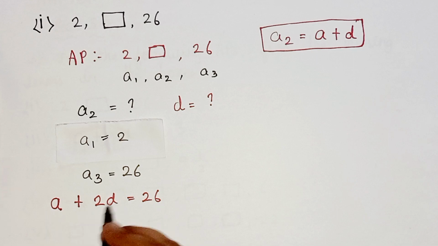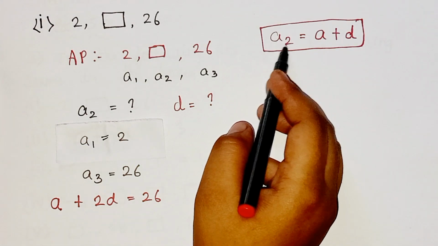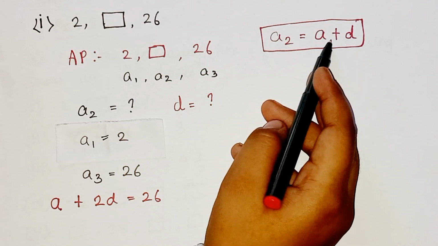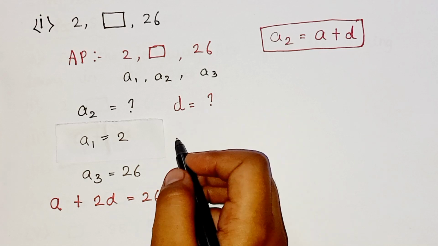Alright, so for what purpose we have like this formula? We have like this formula to find the terms, okay. Then only I will be able to find the second term here, okay. For that I am supposed to use the formula, that is A plus D, but here we don't know the D value, so now we are finding the D value, okay.